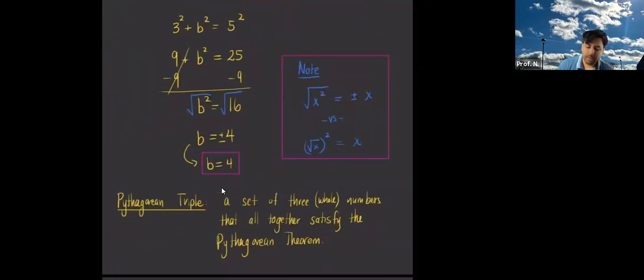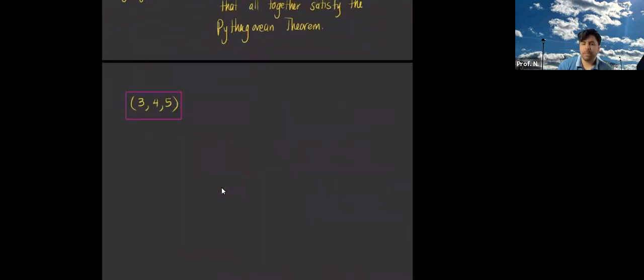That's true. Now, what if I double every number of the triple? So 3 times 2 is 6, 4 times 2 is 8, and 5 times 2 is 10. Guess what I just found?